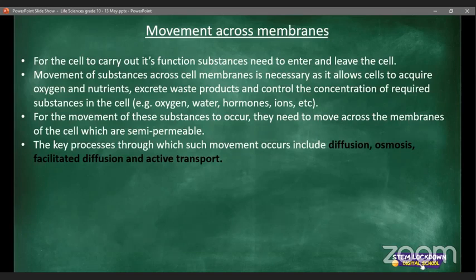For example, oxygen, water, hormones, ions, etc. So for the movement of these substances across the membranes of the cell, which are semi-permeable, the key processes through which such movement occurs include diffusion, osmosis, facilitated diffusion, and active transport.